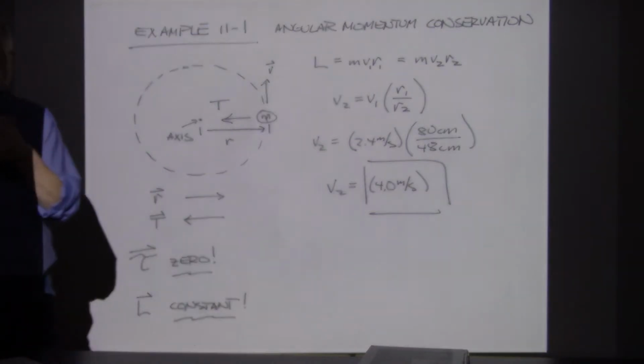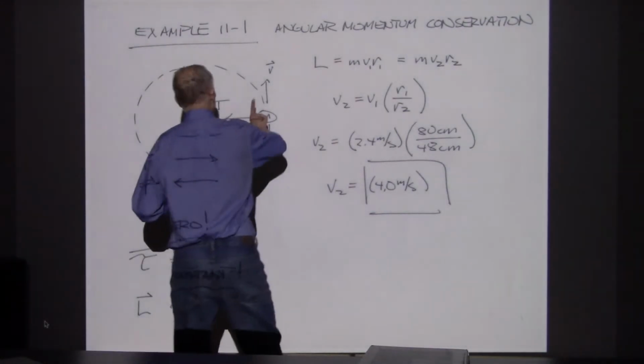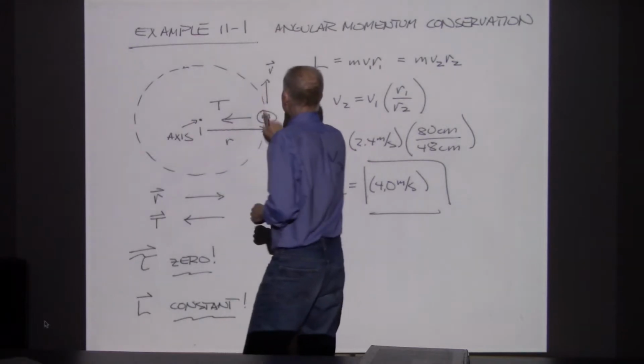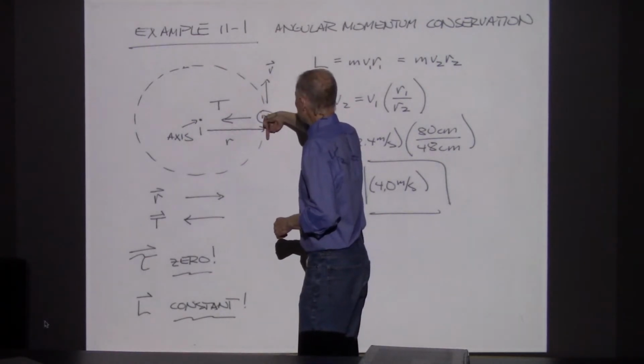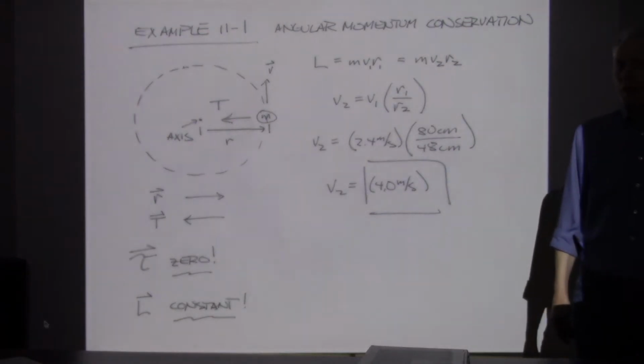They're in opposite directions, so there's no perpendicular lever distance. If the lever distance is r, I would need a force in this direction to either speed the object up or a force here to slow it down. But the force we have here is not going to create a torque.